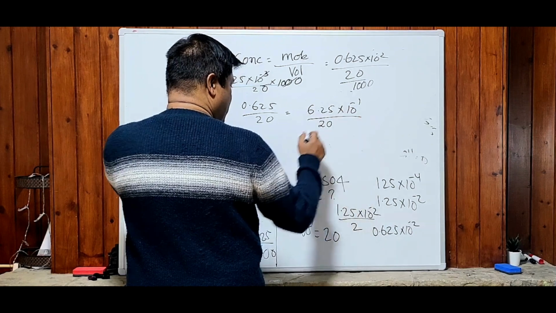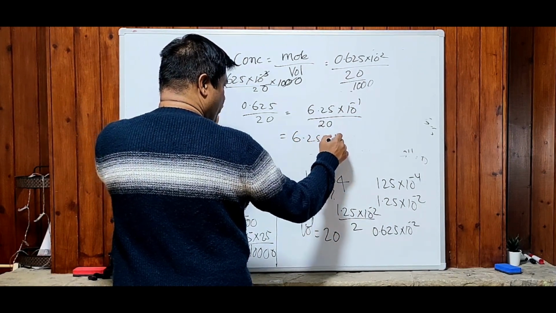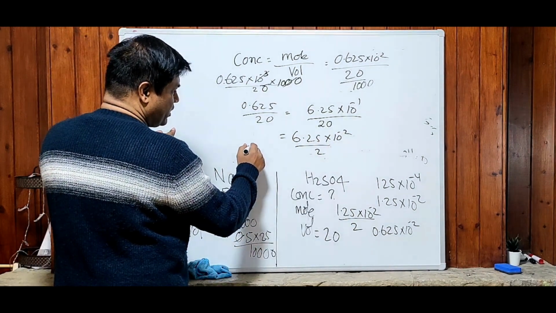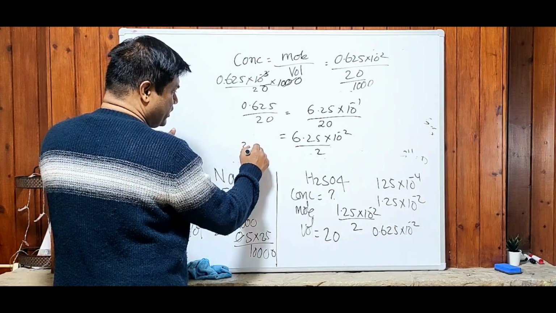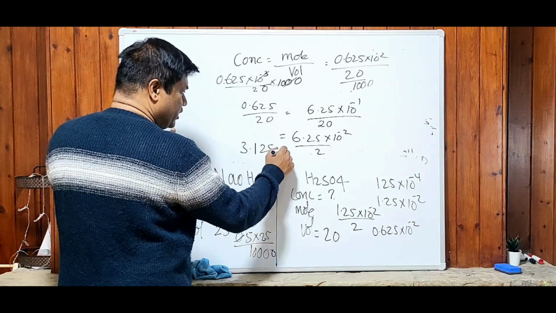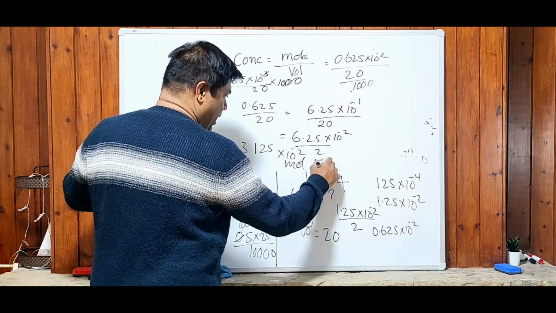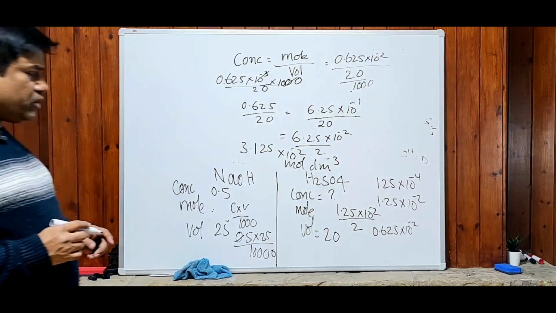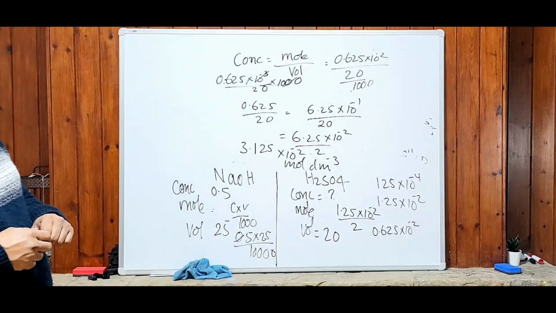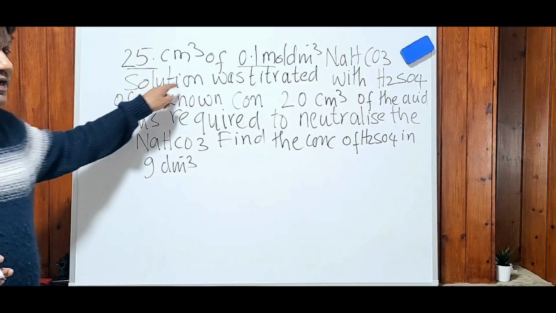So that goes up, and this becomes 6.25 into 10 to the power of minus 2 divided by 2, which is nothing but 3.125 into 10 to the power of minus 2 mol dm⁻³. Please copy down that one and use your calculator, guys. It's so simple to use your calculator. Okay, look at this question, guys.